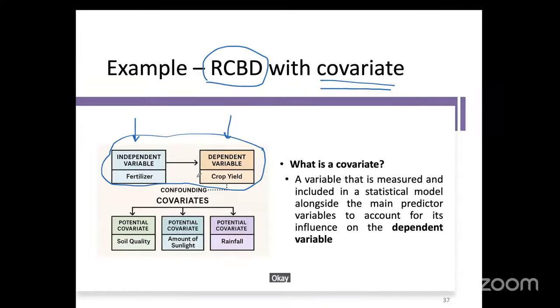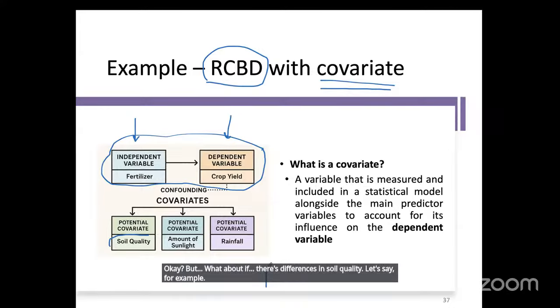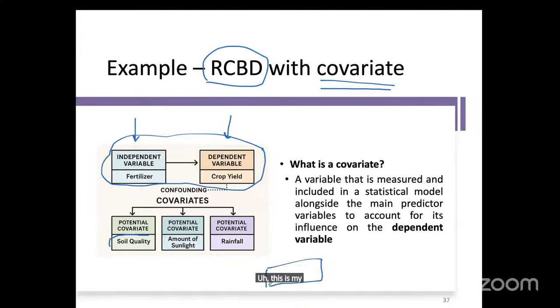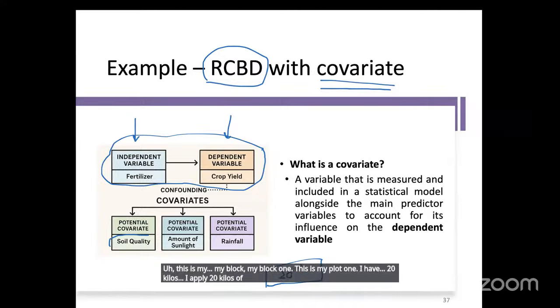But what if there are differences in soil quality? Let's say, for example, this is my block 1, this is my plot 1, and I apply 20 kilos of, say, nitrogen here.